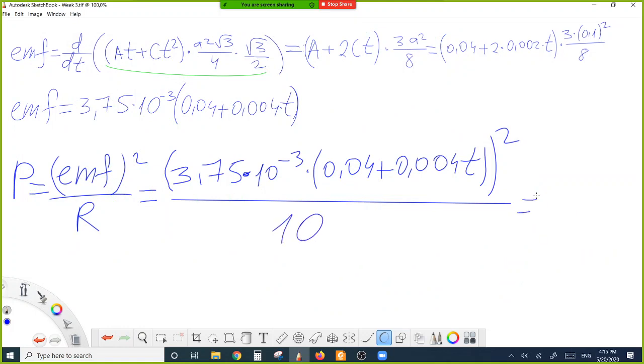And is equal to 3.75 multiplied 3.75 is equal to 14. It means 1.4.